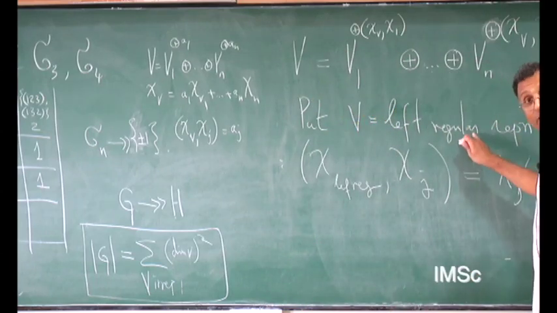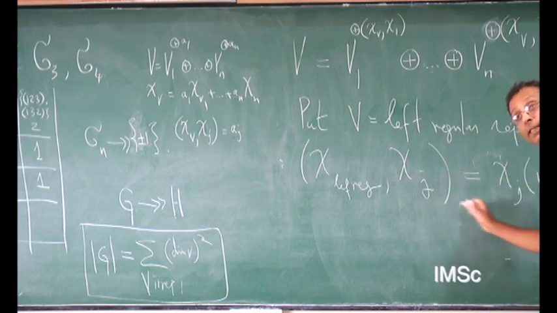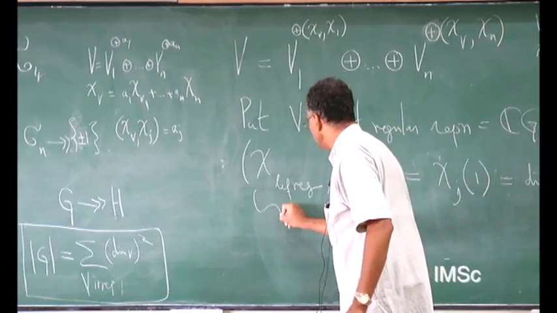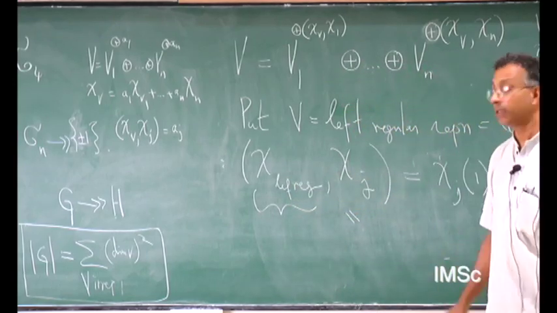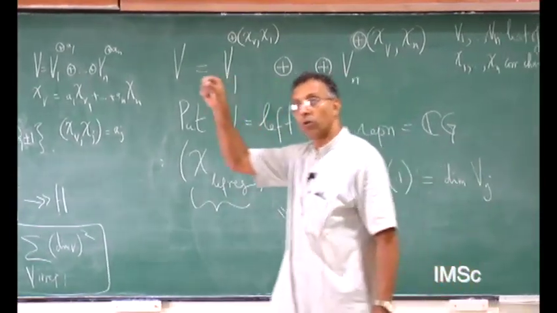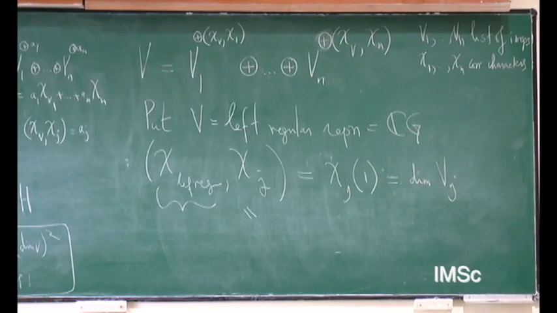Now I take the left regular representation and apply this. Then I claim this. Now this is an easy calculation, because it is easy to compute. By definition, you compute the matrix and take the trace. If I take any G other than 1, look at a basis for the left regular representation. It consists of group elements.